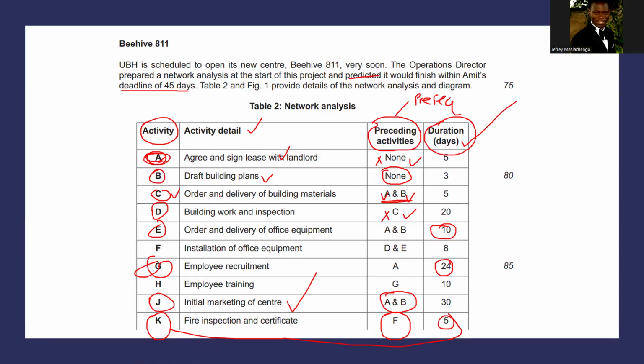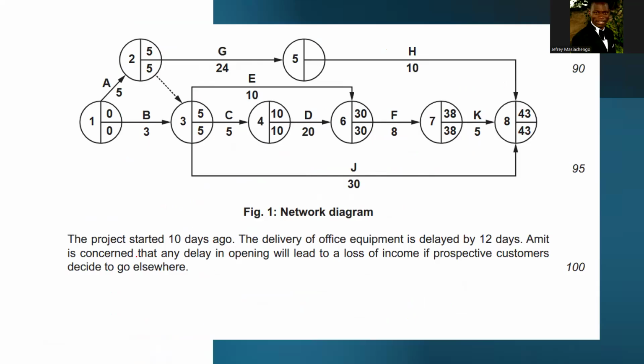which is what? Order and delivery of office equipment is activity E. Look at the situation that has happened. The delivery of equipment is delayed by how many days? 12 days. They've delayed, which is activity what? E. It's been delayed.